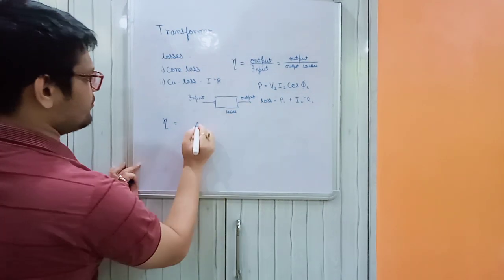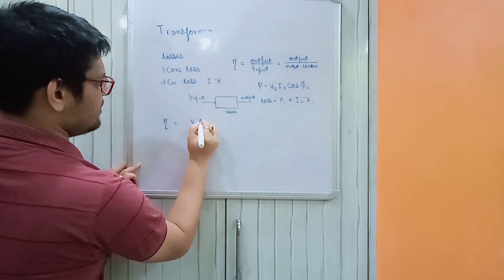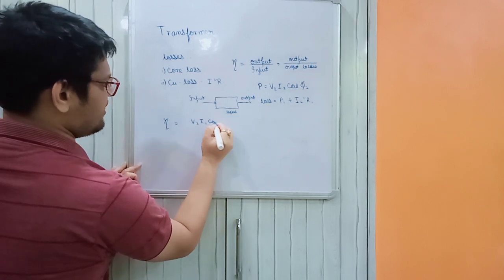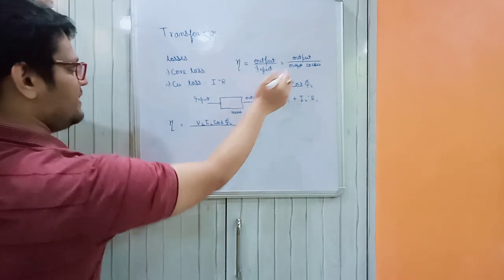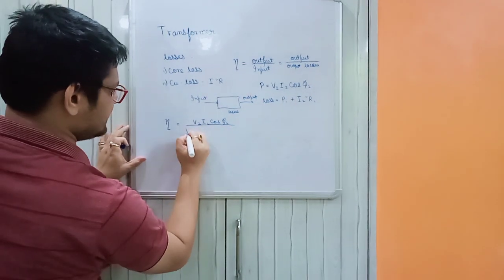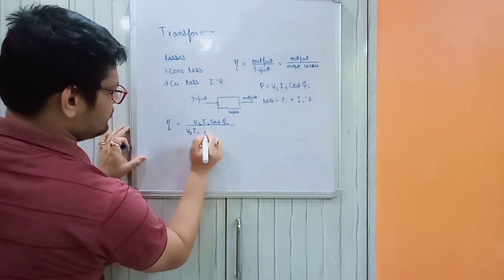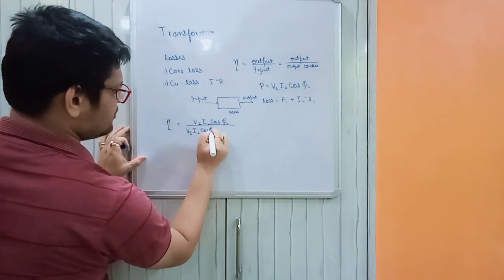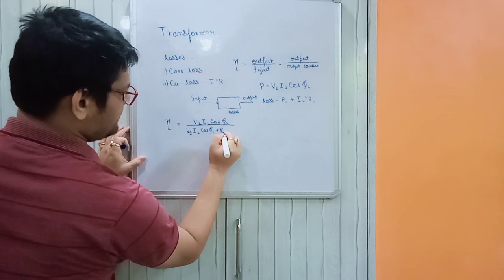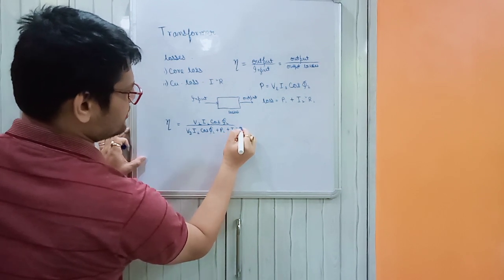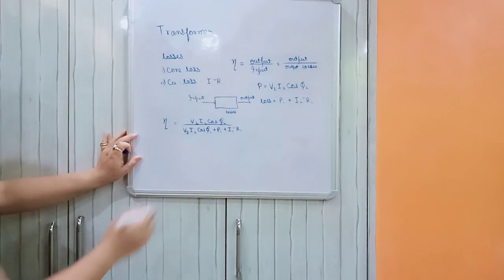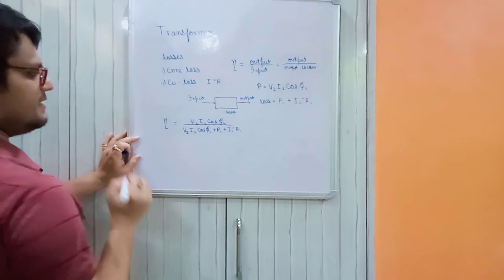Efficiency is equal to output, which is V2 I2 cos phi 2, divided by input, which is output plus losses. We write the same equation: V2 I2 cos phi 2 plus Pi, the iron loss, plus the copper loss I2 square R2. Now this is the numerator, this is the denominator.